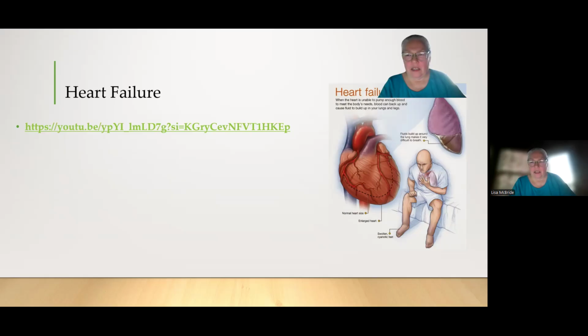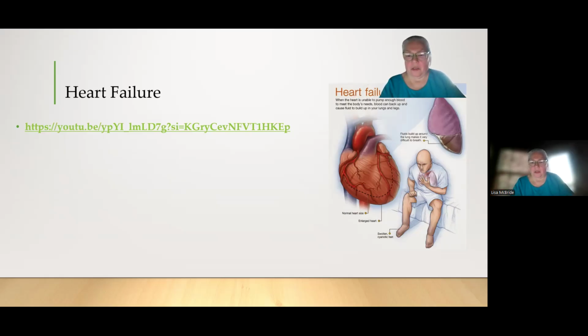Preload, though, I think it's more important to understand the terminology. Preload is the load that's on the heart inside the ventricle at the end of diastole, meaning at the end when the heart is supposed to be resting, and preload is that pressure when it should be at rest. And that is determined by end systolic volume. That's the amount of blood still left in the left ventricle after it has contracted, or the amount of blood left in the right ventricle after it's contracted.